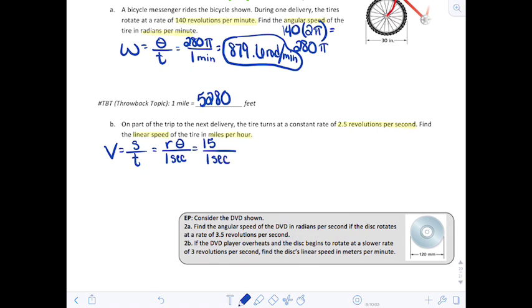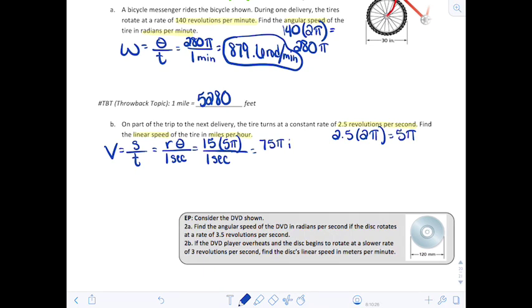And now what is theta? Well, 2.5 revolutions. Each revolution is 2 pi, so my theta is 5 pi. So 15 times 5 pi gives me 75 pi, and now that is arc length.